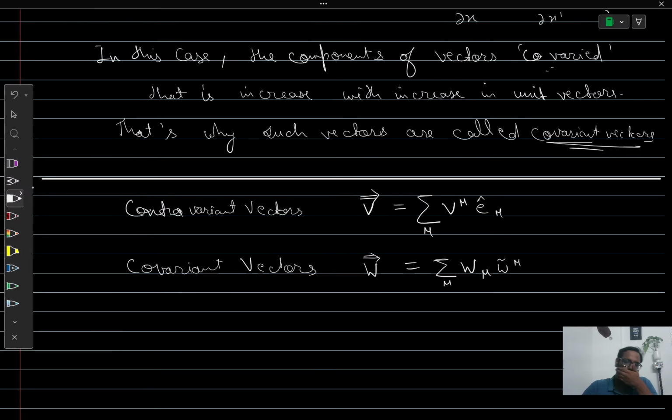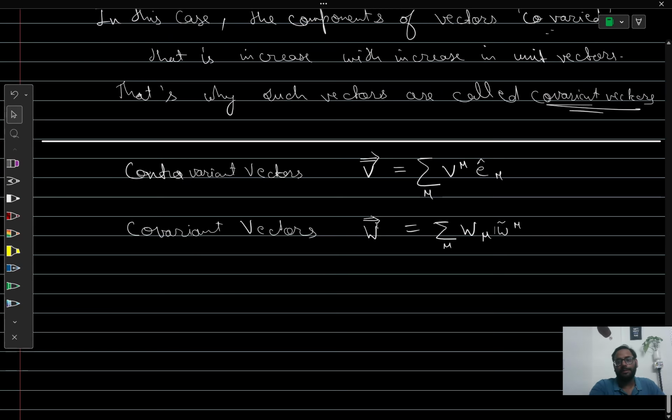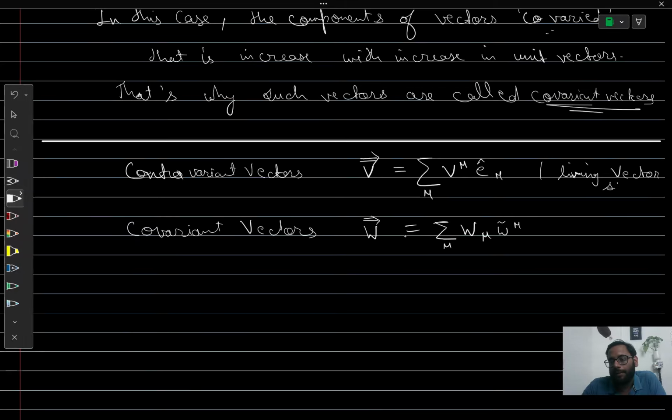So these are vectors and these are co-vectors. Vectors live in vector space, and co-vectors live in dual space, the vector of dual spaces. Fine.